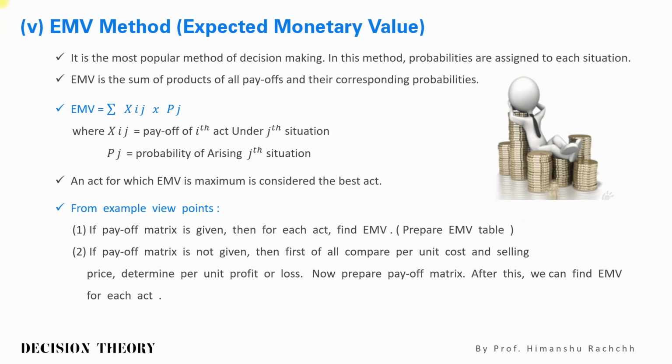But second, if payoff matrix is not given, then first of all we compare per unit cost and selling price and we determine per unit profit or loss. Now, payoff matrix can be prepared. After preparing payoff matrix, we can find EMV for each act.